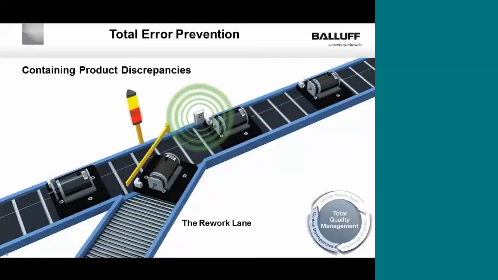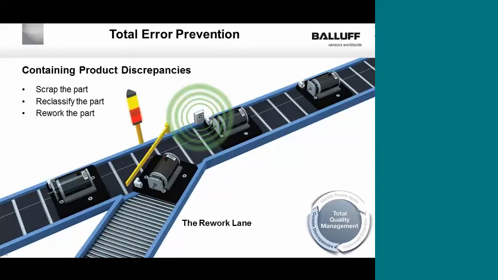So containing product discrepancies, we want to be able to determine whether we're going to have to scrap a part that's being assembled once it gets into the rework station, or we need to know whether we can reclassify the part. So maybe an incorrect clip was put on, so instead of it being for a right-hand door, maybe it gets reclassified to be part of a left-hand door.